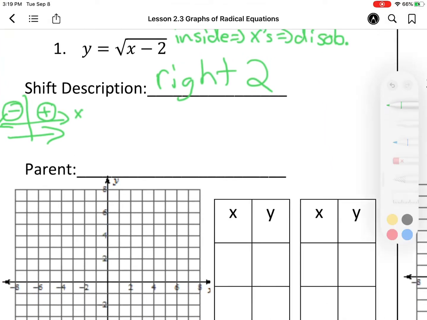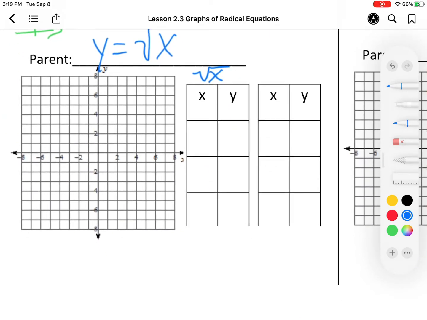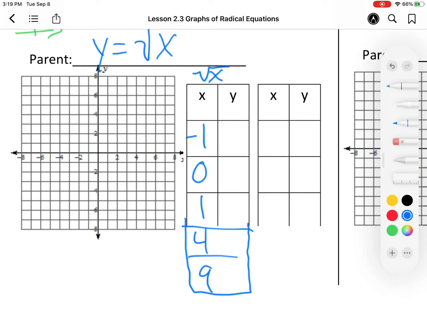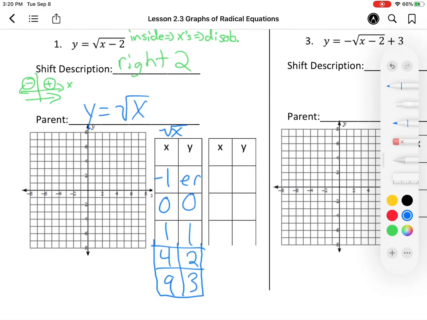So parent function, as always, we've got y equals square root of x. So square root of x, parent function, -1, 0, 1, 4, and 9. And then we have error, 0, 1, 2, 3. So when you are determining what you do in your table, just worry about looking at the shift description.